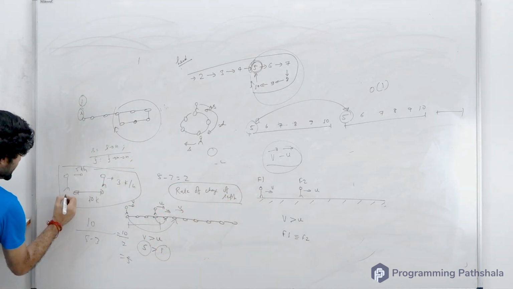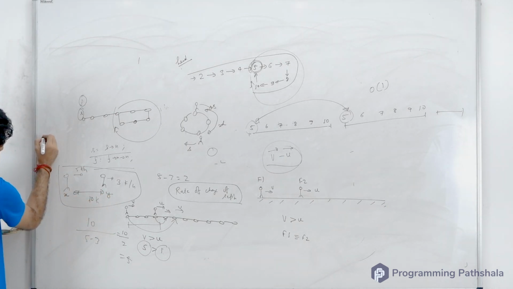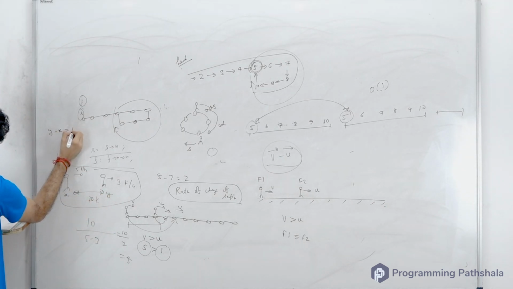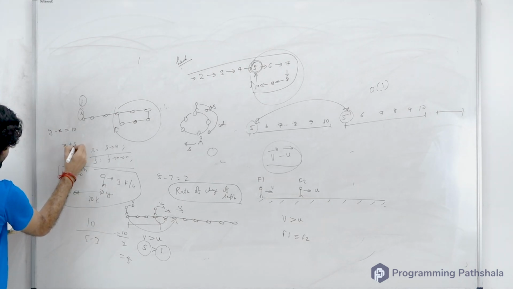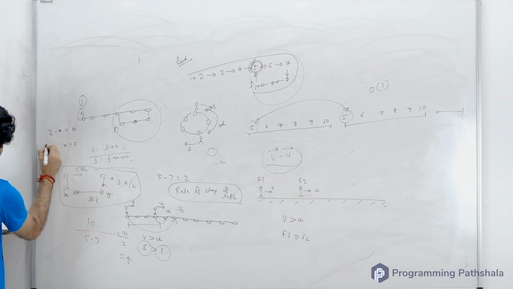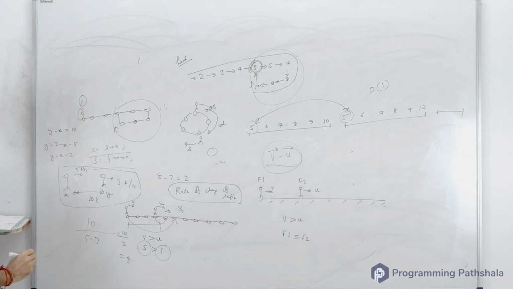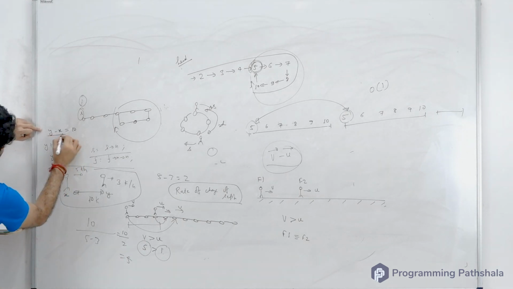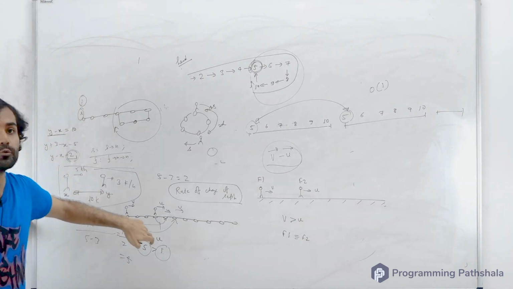Because let's say initially this guy is at x and this guy is at y, okay? And let's say y minus x is 10. Now what will happen is that this guy will be at x plus 5 and this guy will be at y plus 3. Now if I subtract this from this, I'll get y minus x minus 2. So do you see that this thing is being decremented by an amount equal to the relative speed?